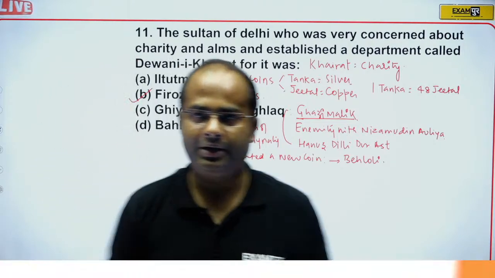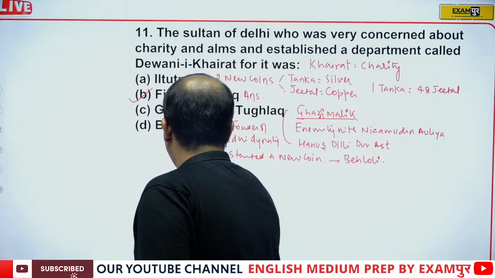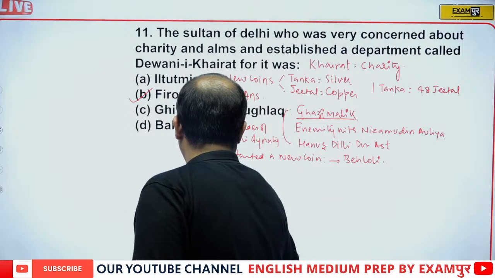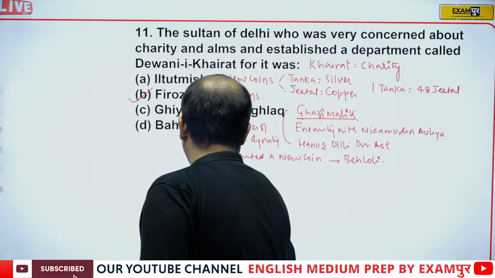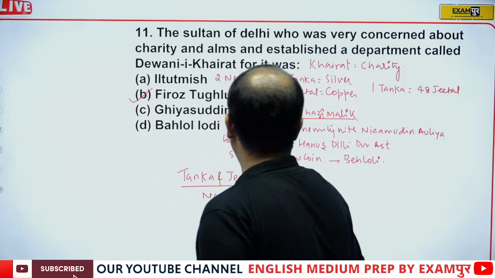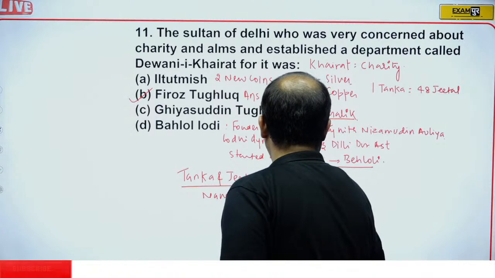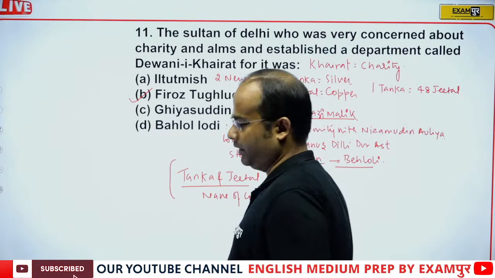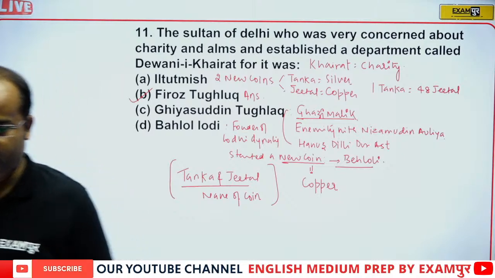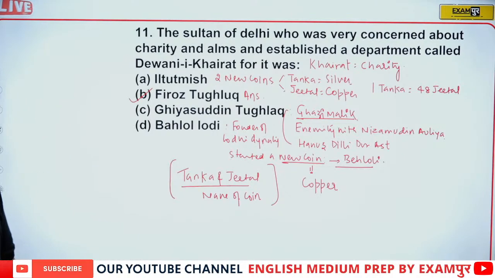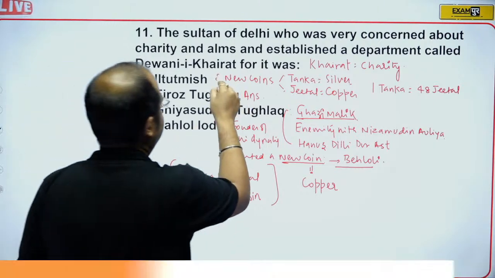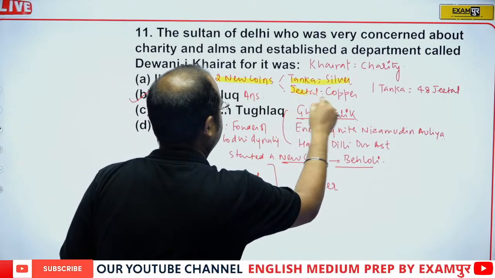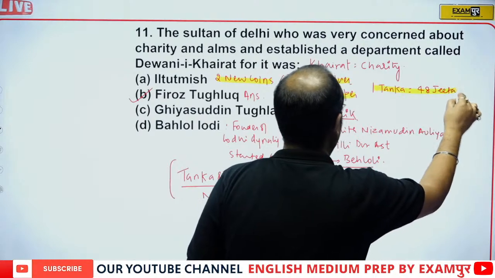Tanka and Jeetal are names of coins. Tanka was made of silver, Jeetal was made of copper, and one Tanka was equal to 48 Jeetal.